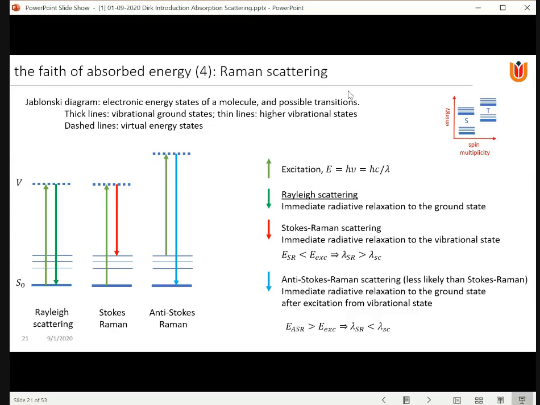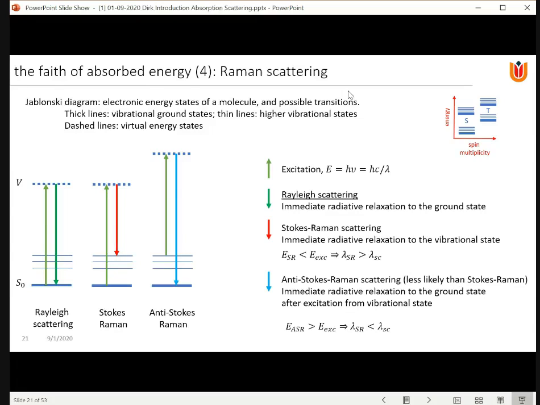There are some slightly more complicated forms of scattering interactions, namely Raman scattering. Again, we have three Jablonski diagrams for three different processes. Rayleigh scattering is what I discussed on the previous slide, so that is just carried over. Then we have Stokes-Raman scattering, where a photon excites the molecule to the virtual state, and then immediately a photon is emitted again.